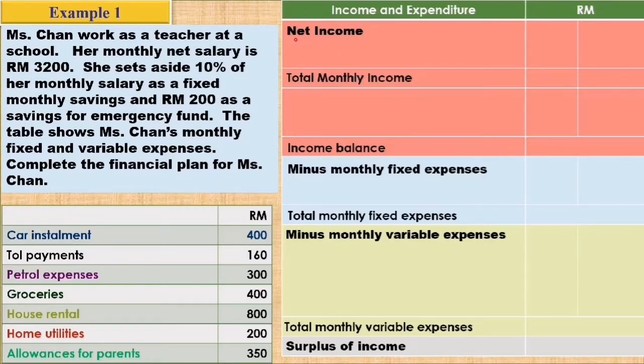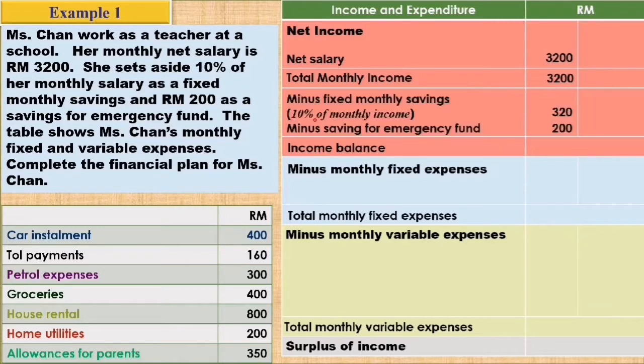First, we need to fill in the net income. So net salary is 3,200. Total monthly income is 3,200 because she doesn't have passive income. So she sets aside 10% of her monthly salary as fixed monthly savings.